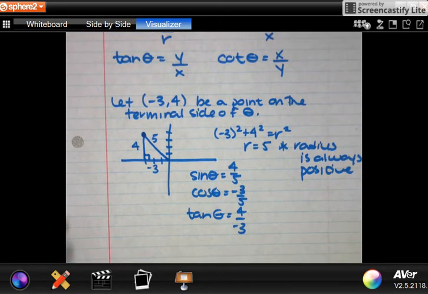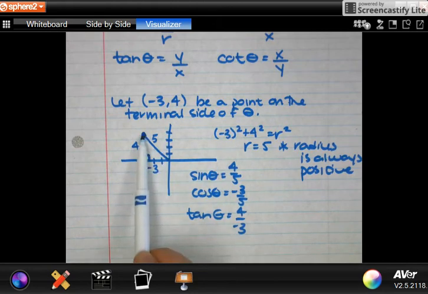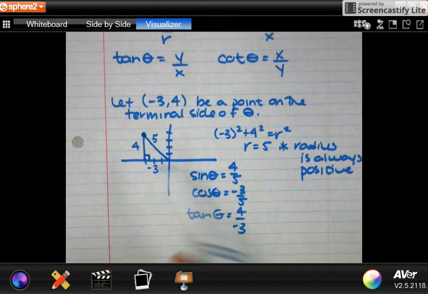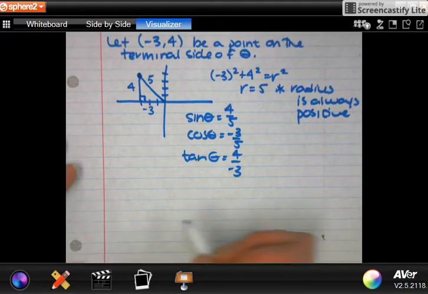So the big key here is just knowing which quadrant your terminal side of the angle is. So if that's the terminal side of theta, that's how I knew that it was going to be in quadrant 2. So the next example, it's not going to be as obvious what quadrant we're in.